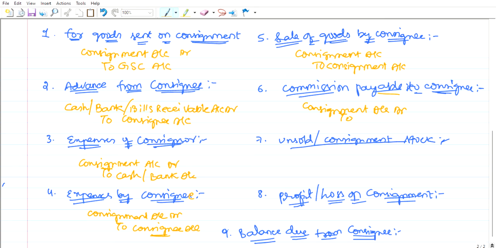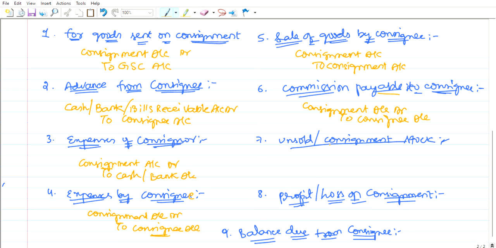So we have to pay him. So we will be liable to him. This commission is also payable to him, so it is a liability for us. Consignment account debit to consignee account.